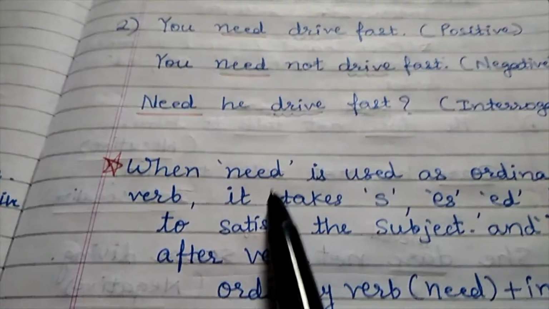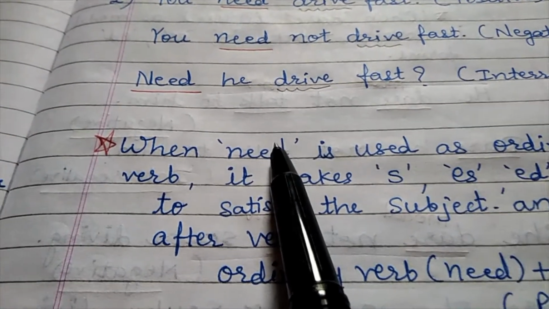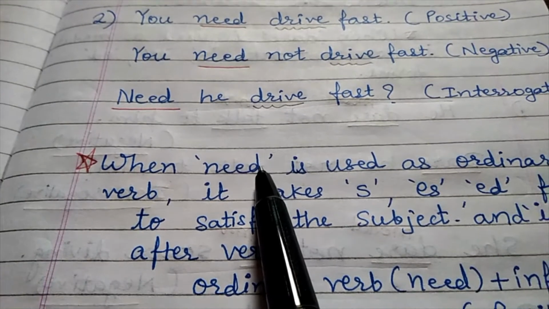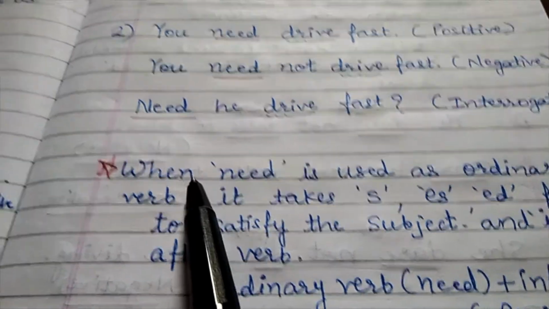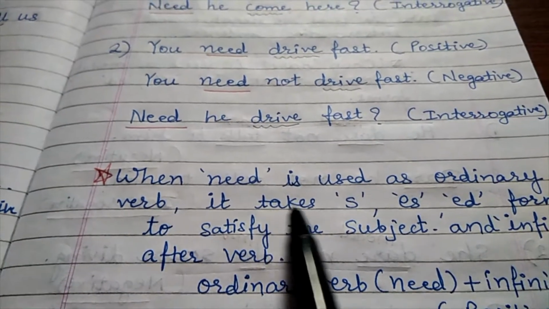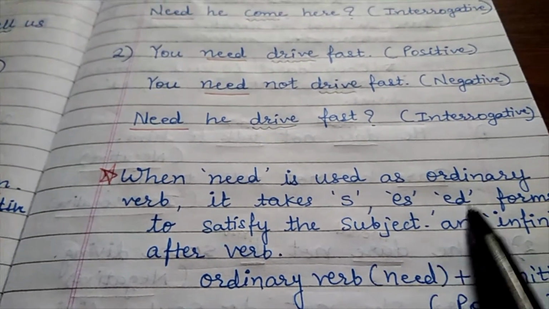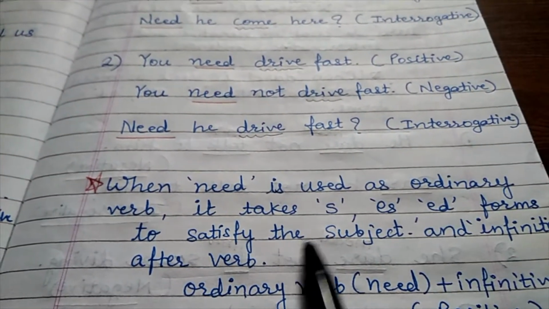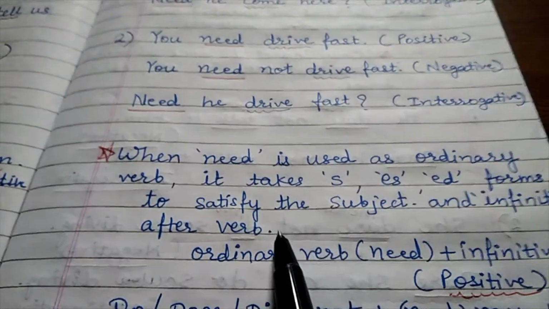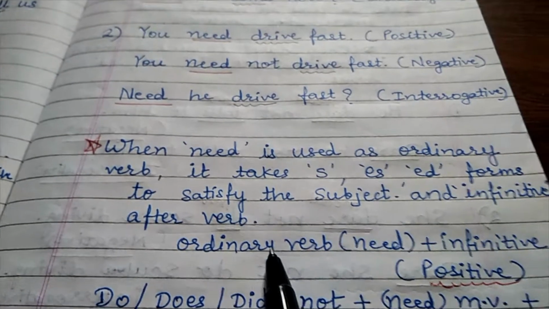Now let's see, need is also used as an ordinary verb. Then how can the sentences be? When need is used as ordinary verb, it takes s, es, ed forms to satisfy the subject and infinitive after the verb.